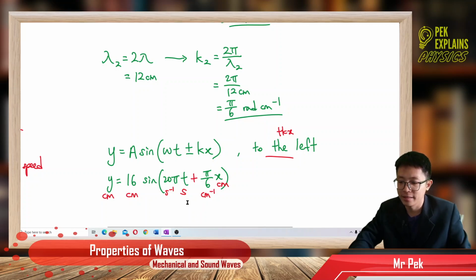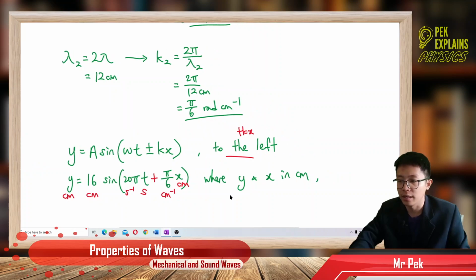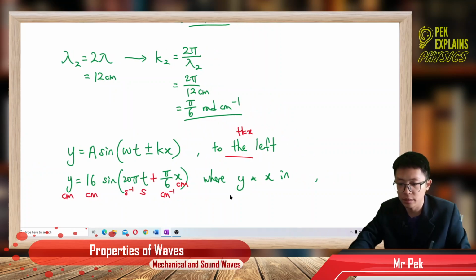You understand? So now I also must write the unit. I cannot leave my answer without a unit. I must write that y and x are both in centimeter, and my time is in second. The unit is very important and compulsory.